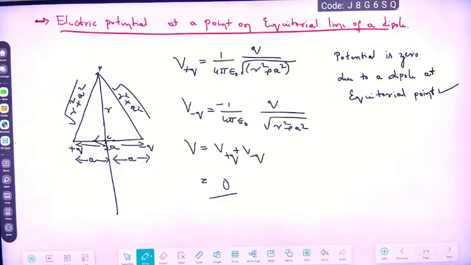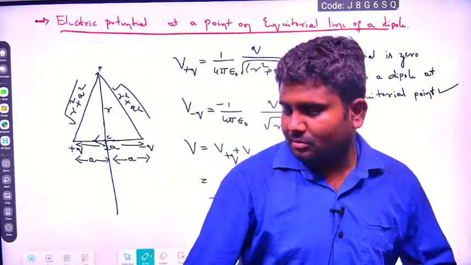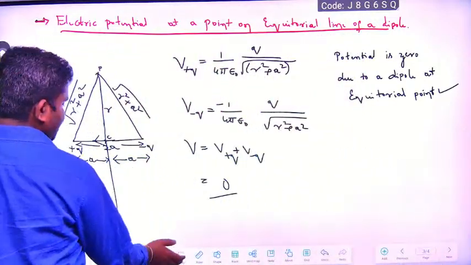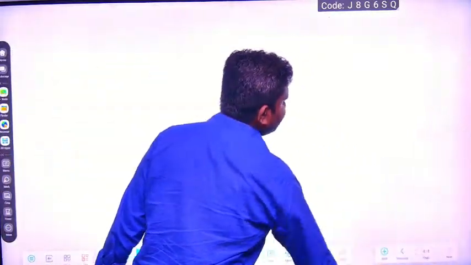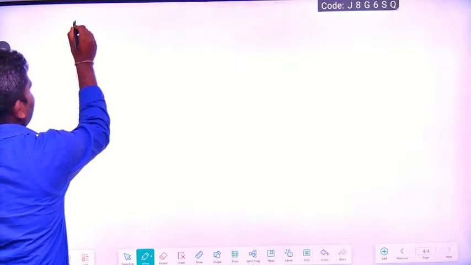Now, shall I take the next slide? Please take the heading: electric potential at a point. Electric potential at a point.